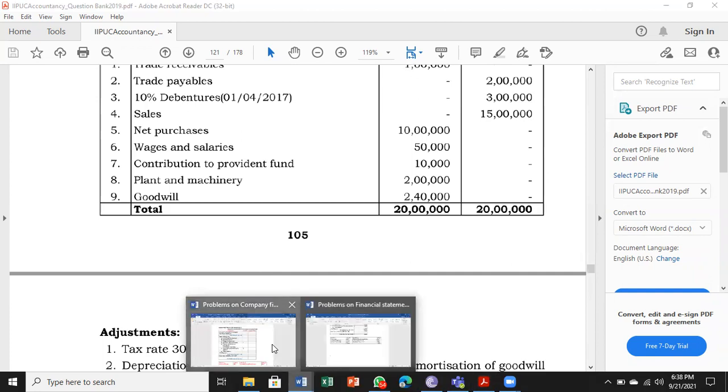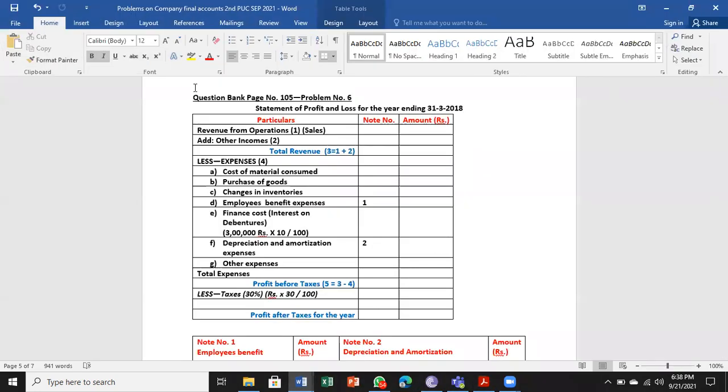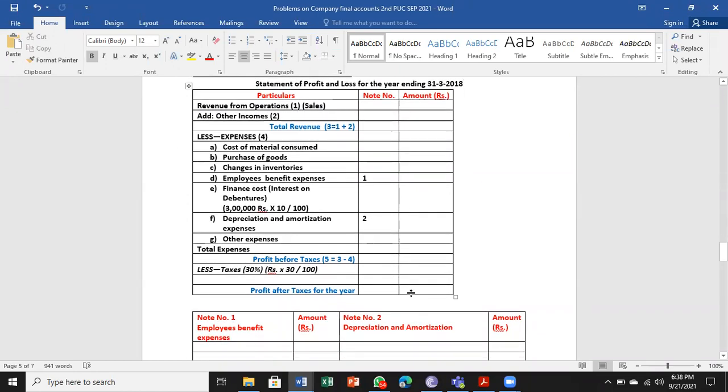the income statement preparation. So question number 6, page number 105, statement of profit or loss for the year ending 31st March 2018. Next, we have information connected to income statement.